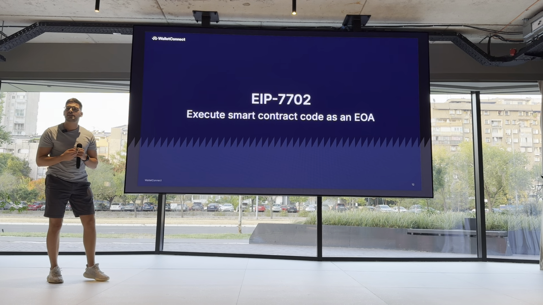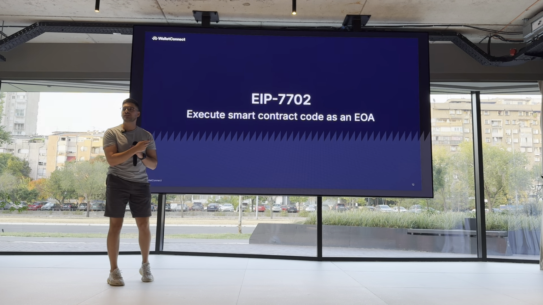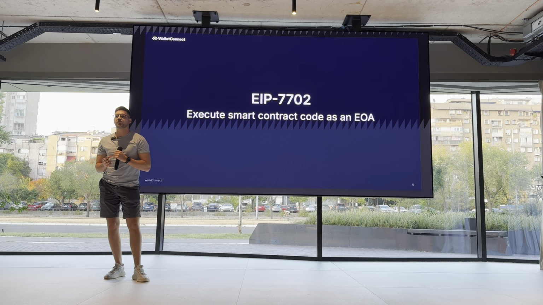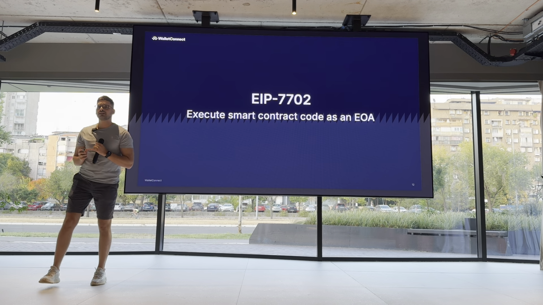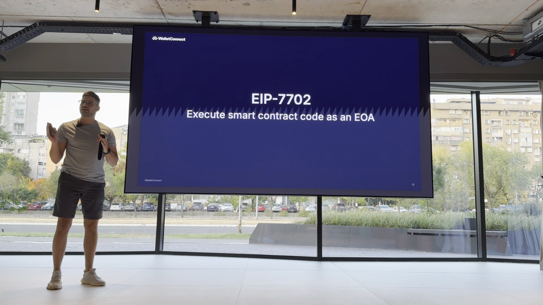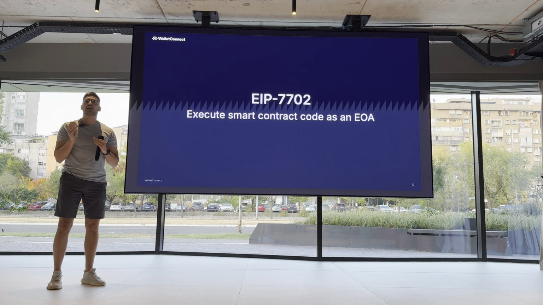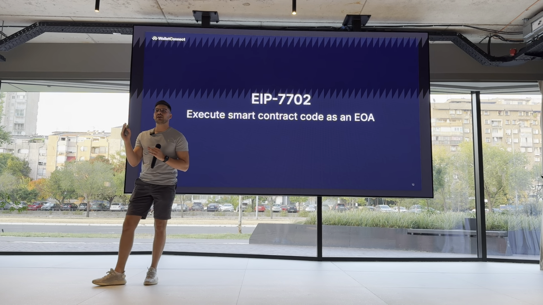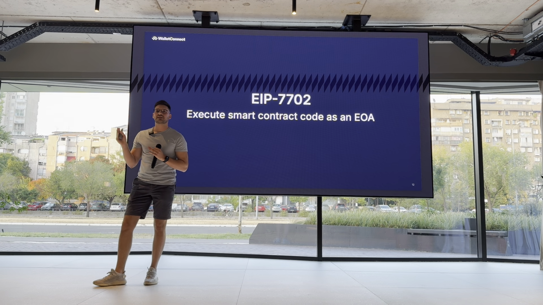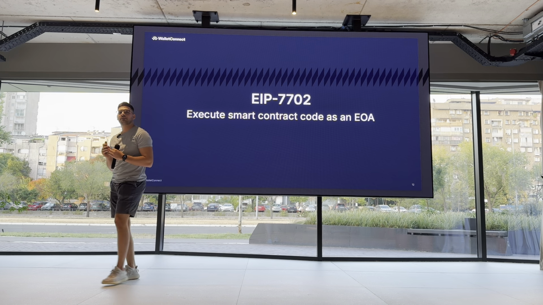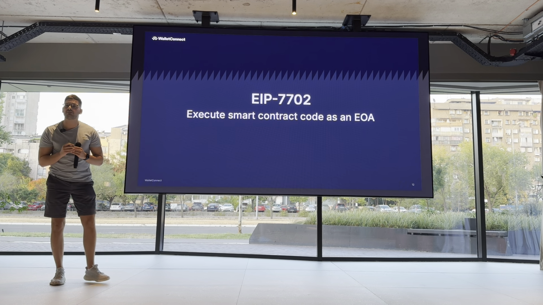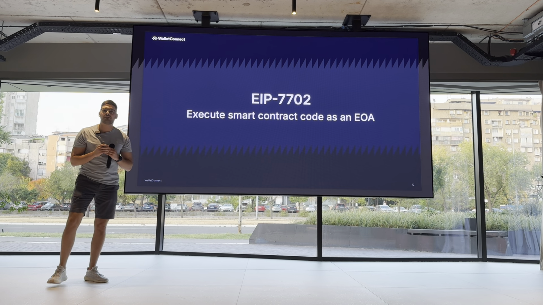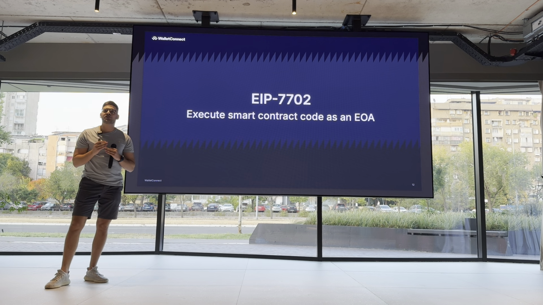The solution to this was an EIP recently introduced by Vitalik himself: EIP 7702. You know how we talked about the upgrade, where we have EOAs and smart accounts, so let's upgrade EOAs to smart accounts all at once, and we fix the problems and everybody has the latest features. Unfortunately there are a lot of other potential issues with that approach.